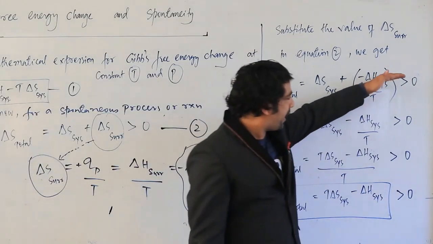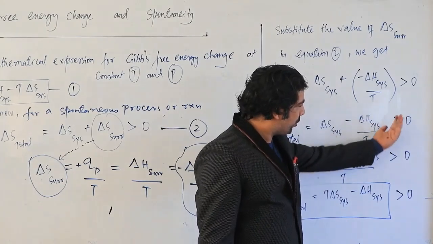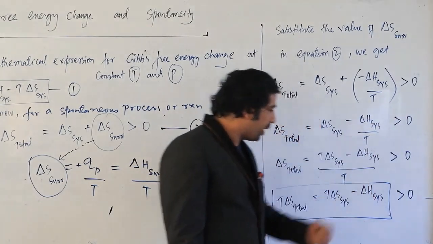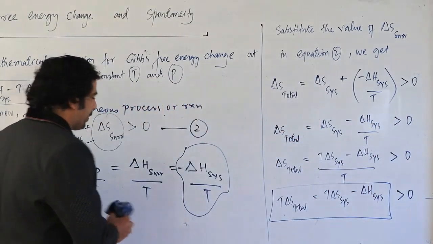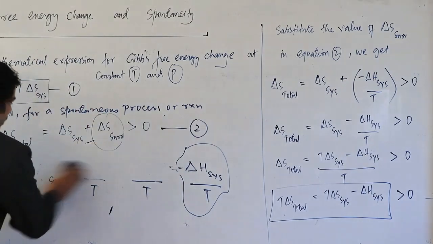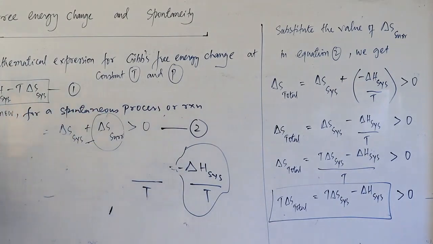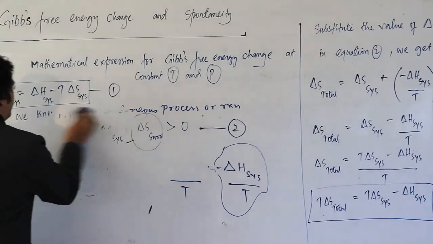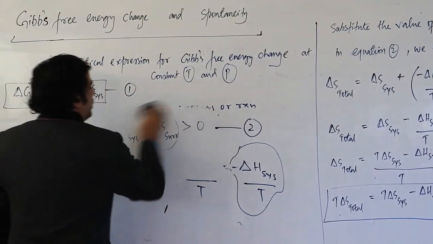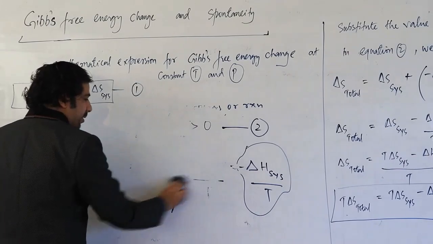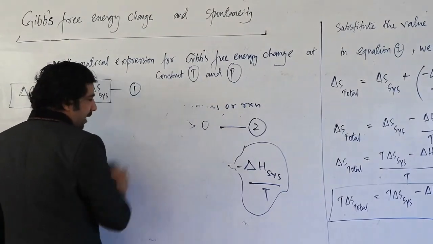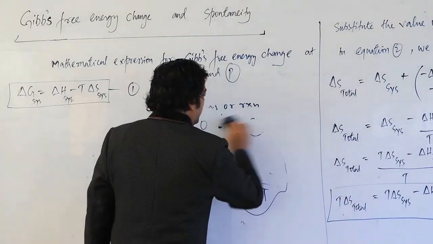So I added the 0 everywhere. So greater than 0, and finally this expression. Now what I am going to do, have a look. So we know that this is a spontaneous process, my dear friends. So let us further understand how we can represent that particular equation here. Have a look.